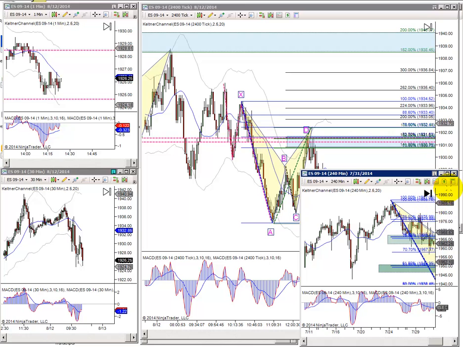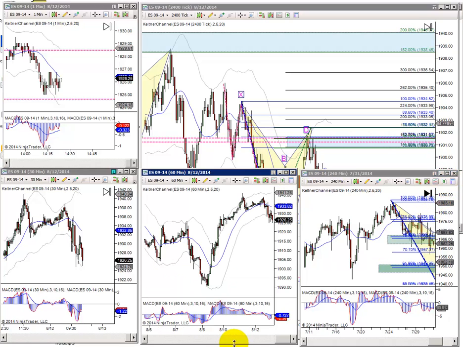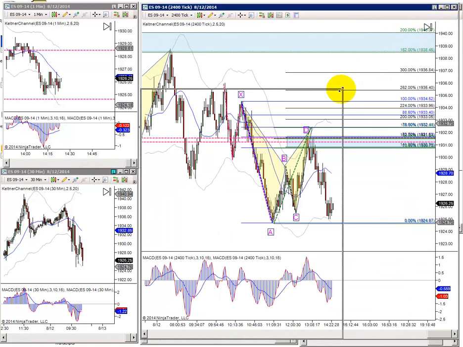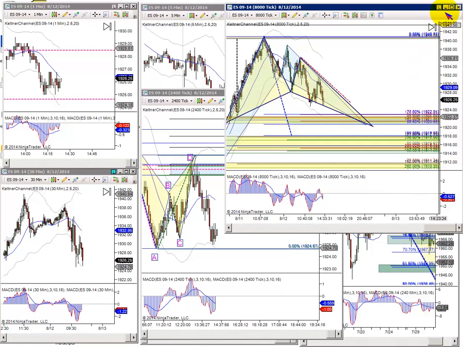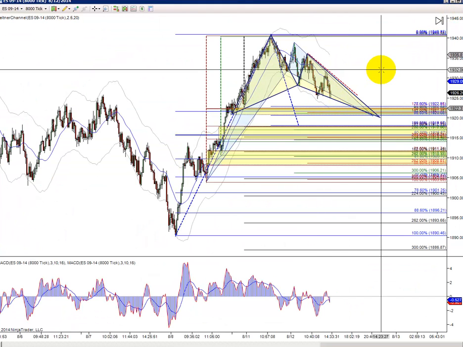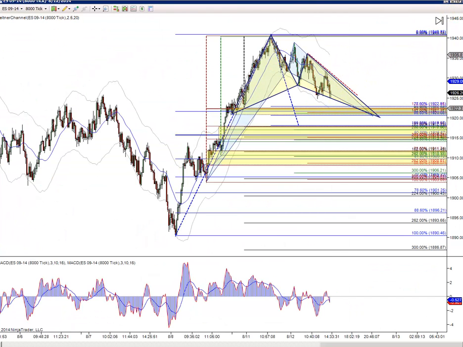We have other stuff that we look at in terms of much higher time frames. For example, let me just move this down. All right, now I bring in a much higher time frame, and here's what we're looking at. Market did an XAB. Now we're looking for the CD to come into this range.